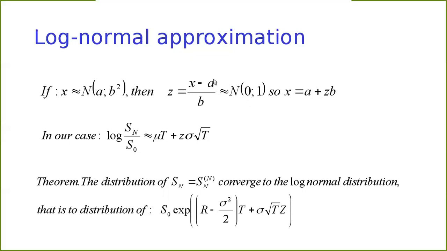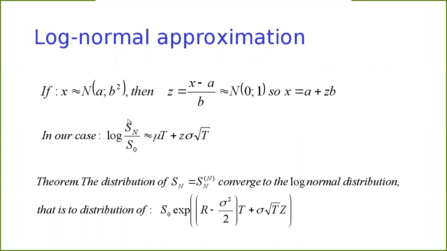So from this we have that x minus a equals z multiplied by b, and x equals a plus zb, whereas z is standard normal distributed variable.